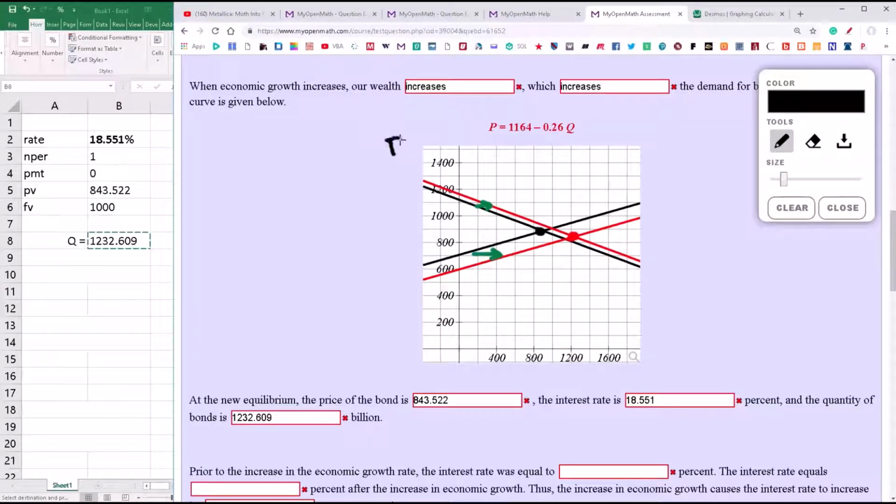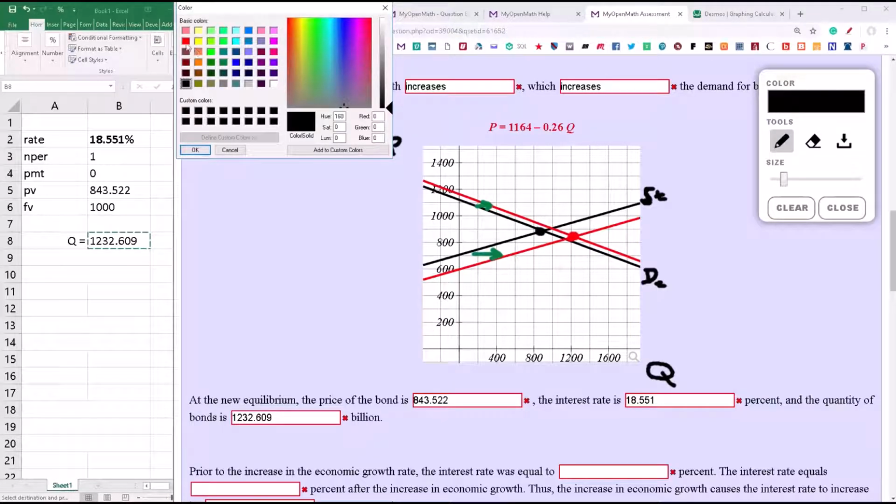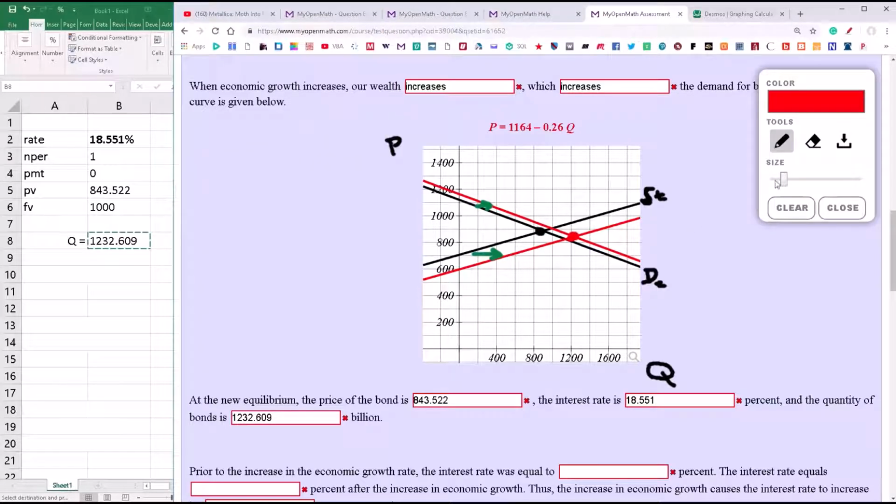So again, this is the price, this is the quantity, this is the supply today, this is the demand today, and then this is the supply tomorrow and the demand tomorrow.